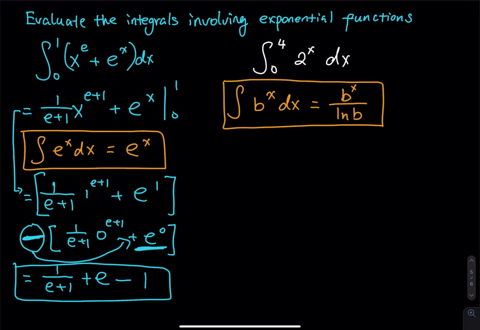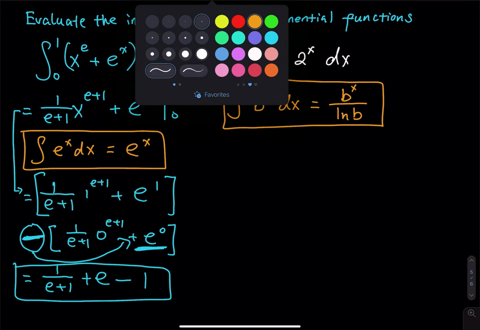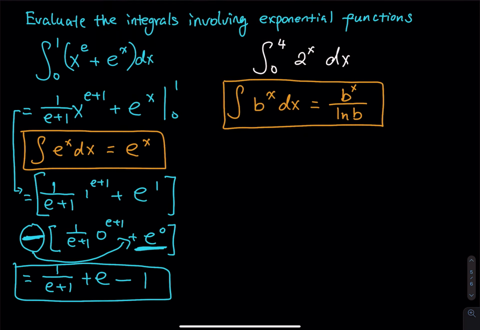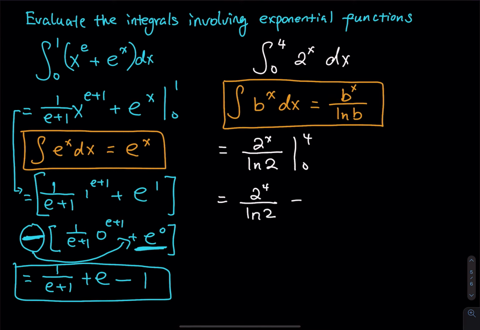All right, got that? So back to my problem. The base is equal to 2. So that is equal to 2 to the x divided by ln 2, such that x goes from 0 to 4. Plug in the 4, plug in the 0, the job is done. So 2 to the 4th divided by ln 2, and then minus 2 to the 0 divided by ln 2.